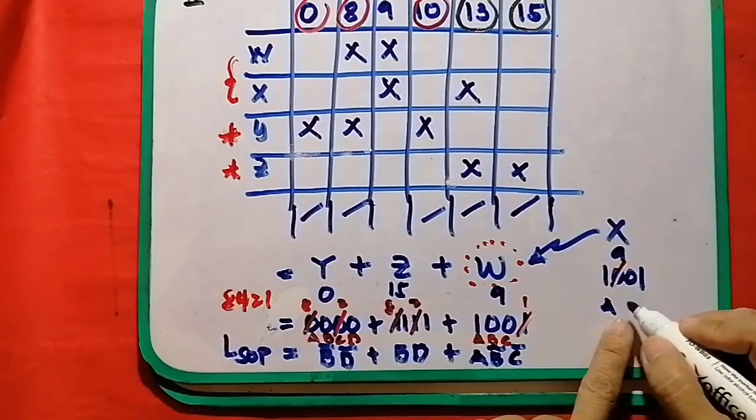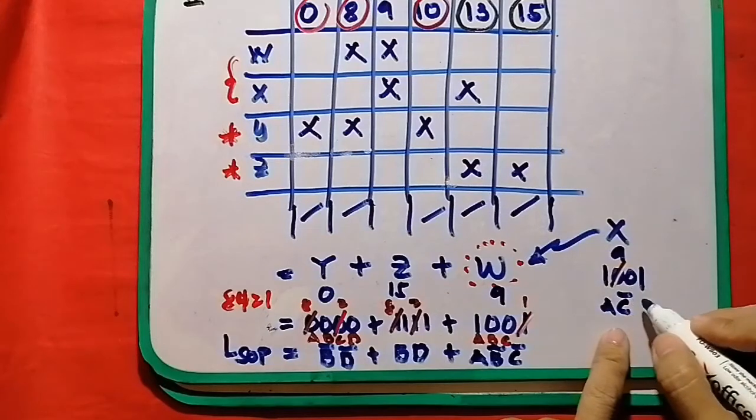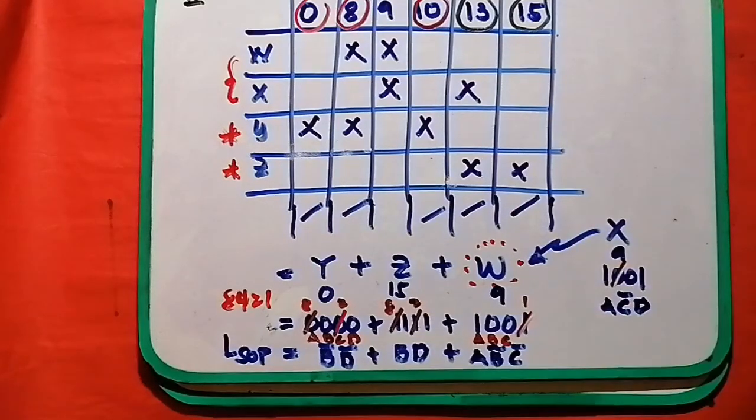The B is cancel, not C because that is 0, and this will be D. Okay, so your final answer would be not B and D plus BD plus A, not B and not C, or not B and not D plus BD plus A, not C, and D.